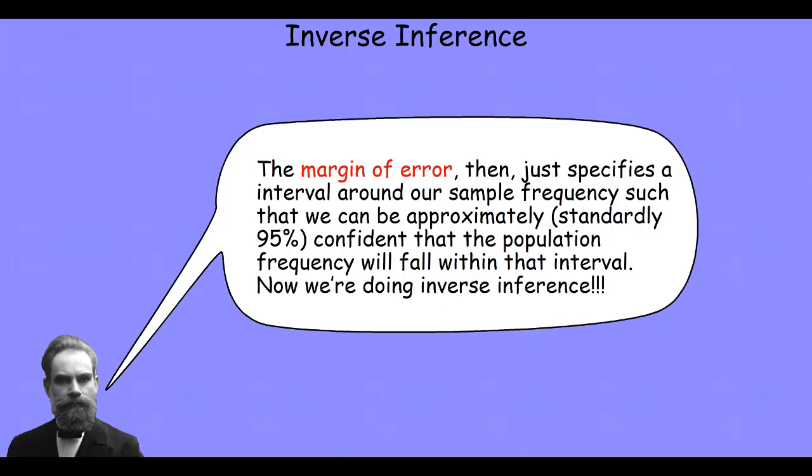That interval around the sample frequency just specifies a range of possible values that standardly, with 0.95 likelihood, or 95% of the time, we can be confident that the population frequency will fall within.